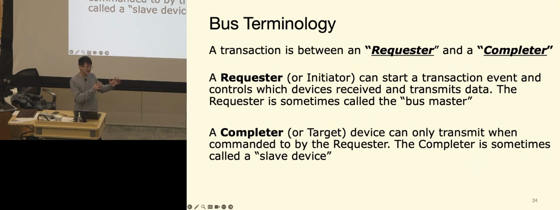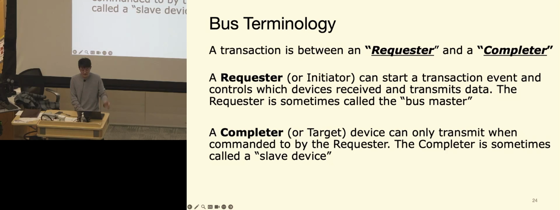Sometimes they're also referred to as master. The completer or target device can only transmit whenever a command is sent by the requester and targeted to that one completer. In the old terminology, they call these slave devices, so a master device and a slave device.